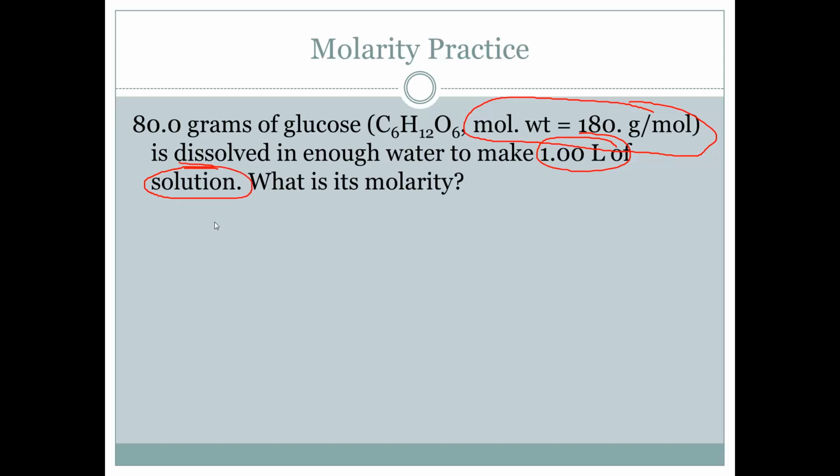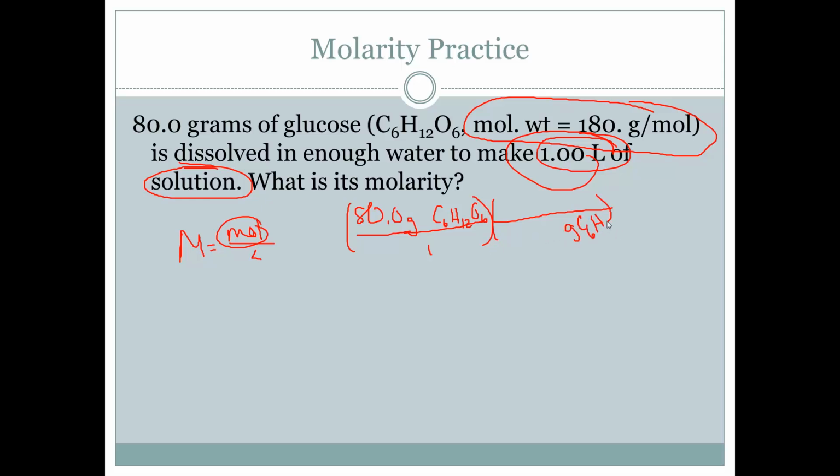So the equation for molarity is moles over liters. We have the liters, we need to figure out the moles. We do that by using the 80 grams over 1, and the molar mass goes on the bottom because grams are on top, so we need to put grams on the bottom.